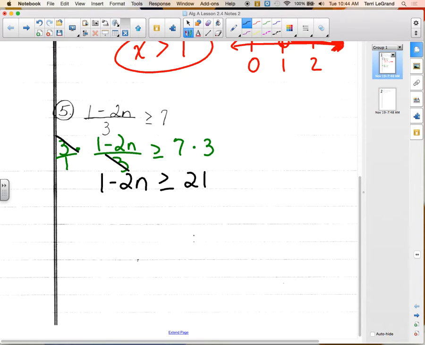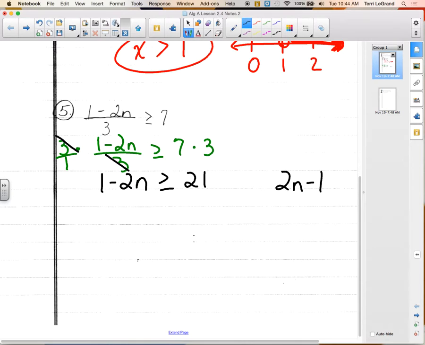Okay, this is where, when we had a problem like this yesterday, several of you got yourself in trouble, because you still think that if you see a subtraction sign in the problem, that means you're going to undo that subtraction with addition. But you can't read subtraction backwards. These do not mean the same thing. 1 minus 2n does not mean the same thing as 2n minus 1.